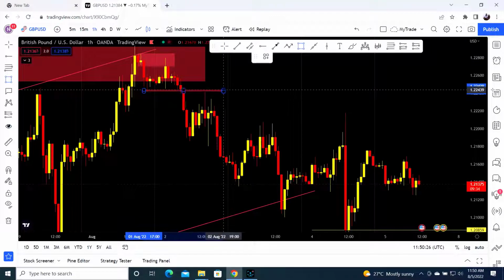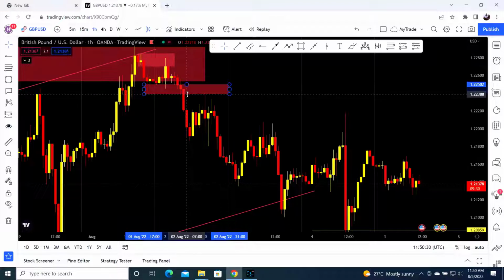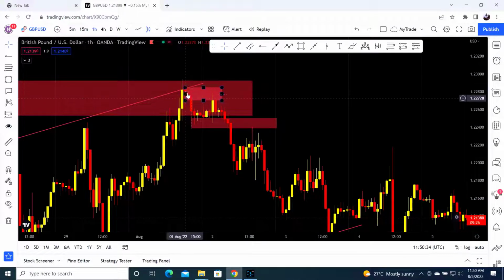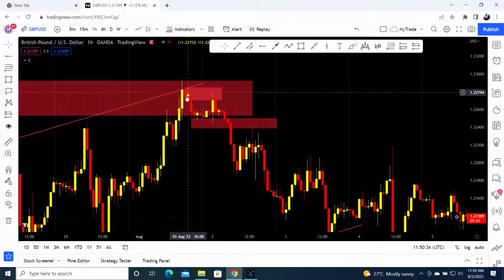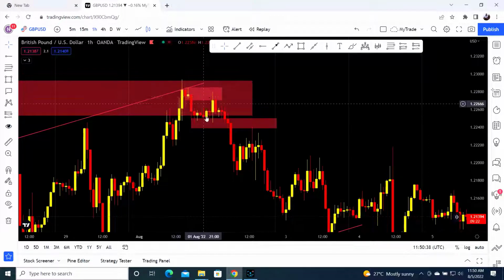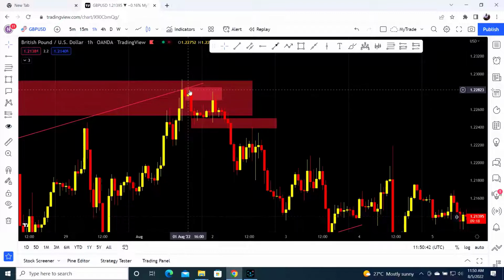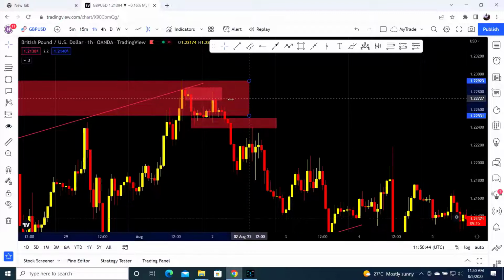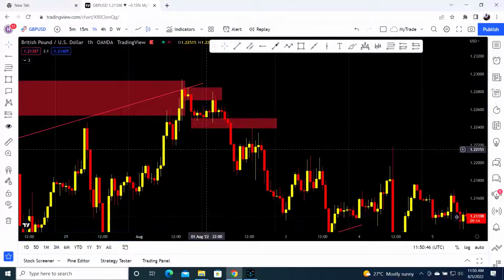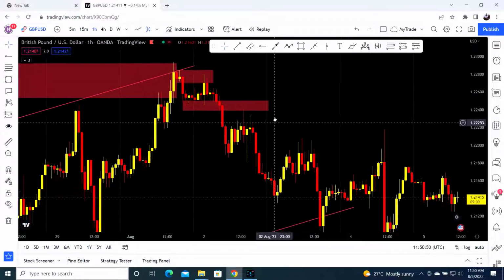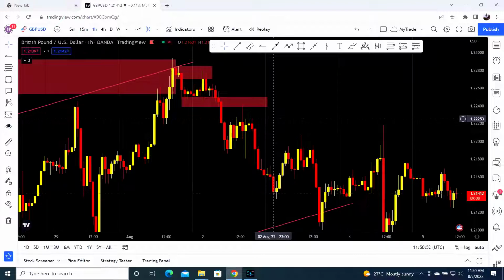There was also another block below here. Price came to, let me include this one, test that. So the block here where price started declining or falling, it is called the origin block. And the block here that price broke, it's also called the breaker block.